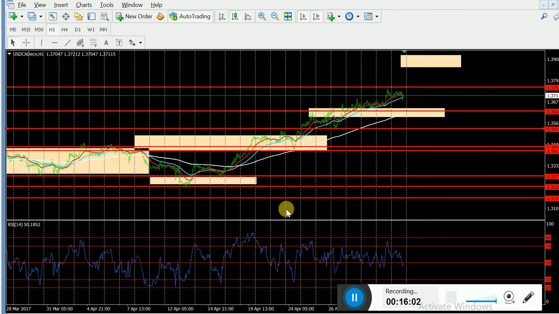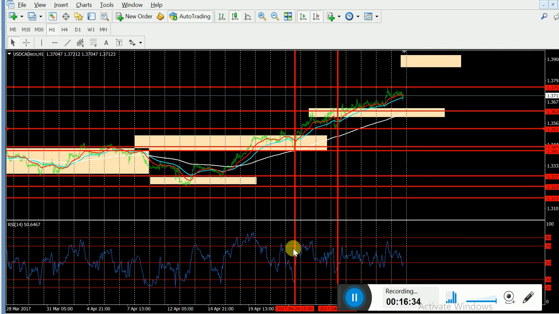Now, this is the RSI. Notice how whenever price meets these points, notice where RSI is at. Whenever price makes these dips, RSI is typically headed in a northern position as well.